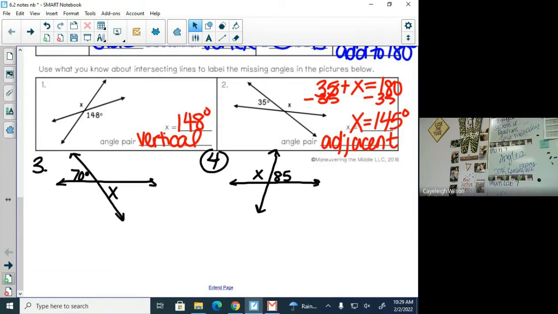So first ask yourself, are they angles that are across from each other? Or are they next to each other? And that'll help you determine if they're vertical or adjacent. You're answering 3 and 4 down at the bottom.